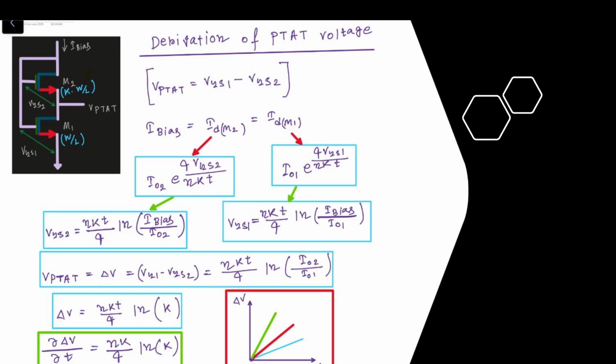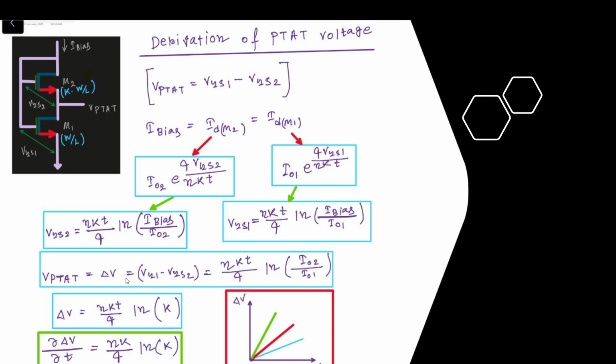Okay. So now I need VGS2 and VGS1, because at the end I need VPTAT. My VPTAT is VGS1 minus VGS2. So I need the VGS1 and VGS2 values. Here is my VGS2 value and here is my VGS1 value.